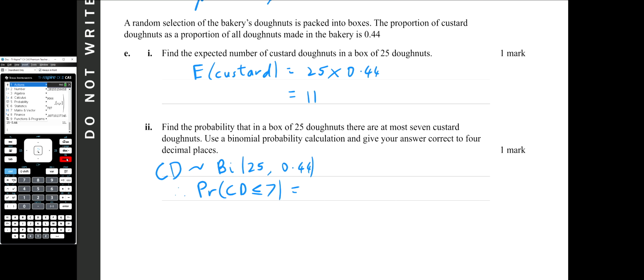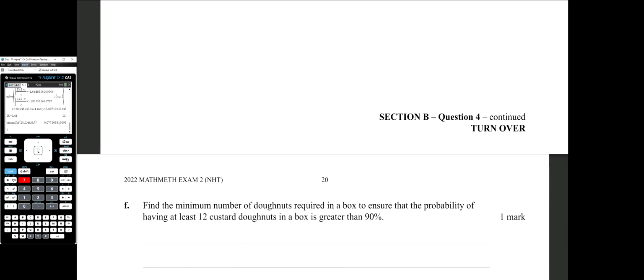So menu 55B, number of trials is 25, success is 0.44, lower bound is 0, and upper bound is 7. And we get an answer correct to 4 decimal places of 0.0773. Let's make that 0 a little bit better. That's better. Cool. So 0.0773 is the required probability.